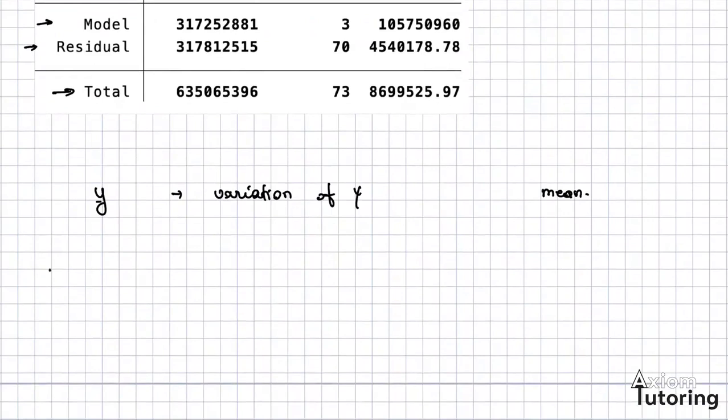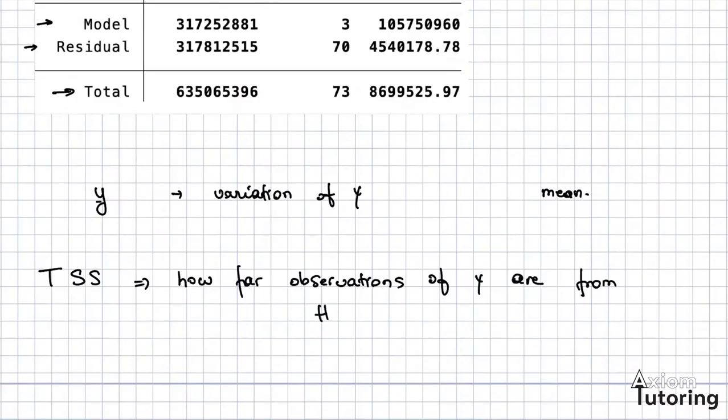If we start from the first one, the total sum of squares is going to measure how far observations of y are from the mean, which we'll call y bar.